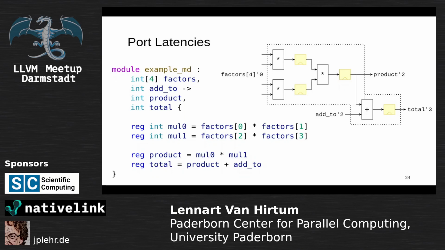Here, the compiler can see, okay, we have a bunch of latency steps in here, but add2 is only required 2 cycles after factors. So it will assign absolute latencies 0, 2, 2, and 3 to the ports. It will do this in a way such that the inputs are always as late as possible and the outputs are produced as early as possible.